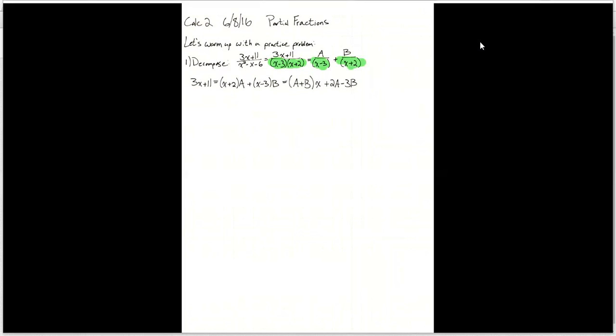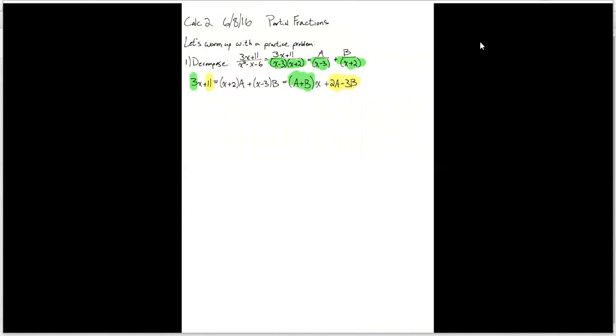All right, so now where do we go from here? Well, we're going to go ahead and look at the coefficients. So we've got this 3 here, and we have this A plus B on these x's. These have to be equal. Same thing goes for this 11 right here and our constant terms, 2A minus 3B. Those have to be equal, right?